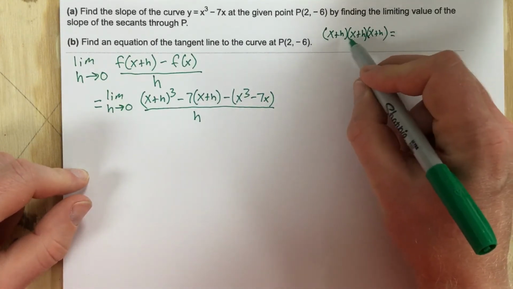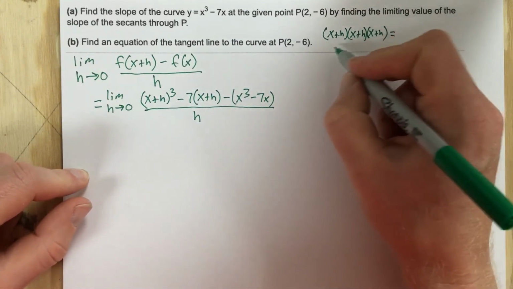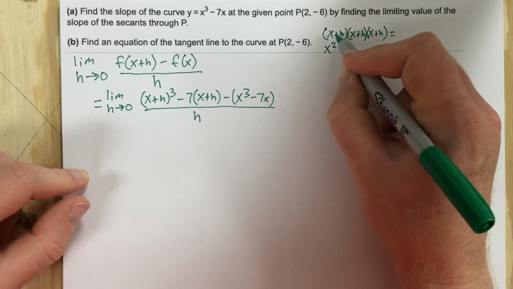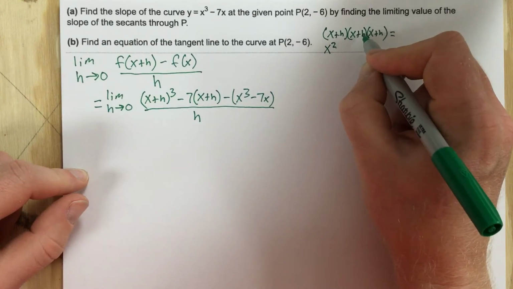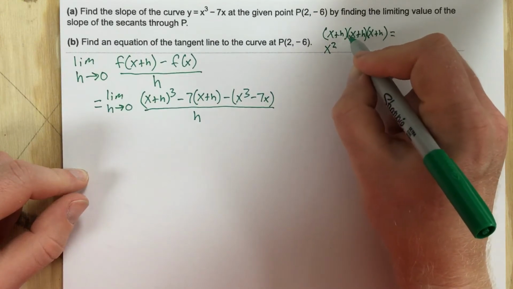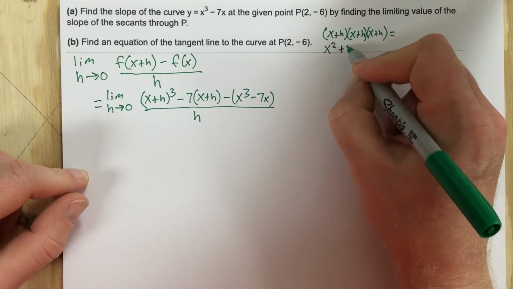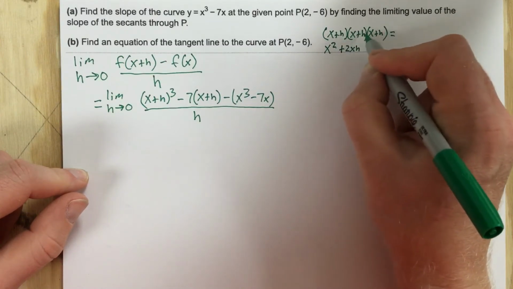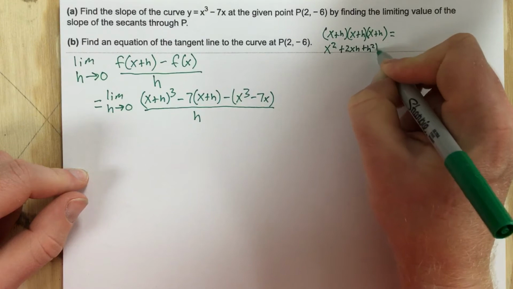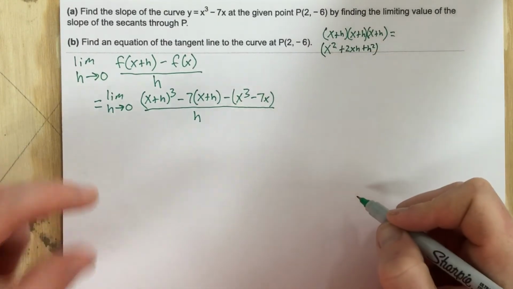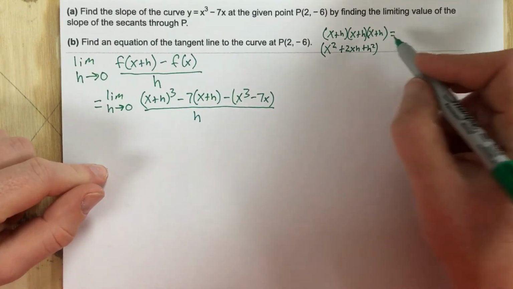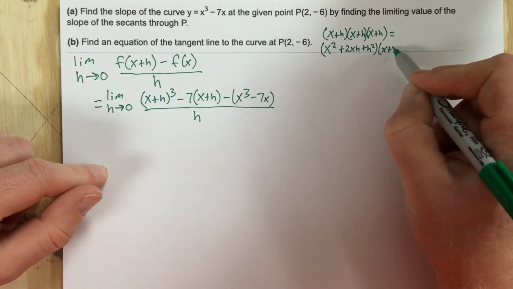When I multiply out the first two, that'll be x squared, x times h, xh, h times x, another xh. So this is plus 2xh, and then h times h will be plus h squared. So that's just doing the front two. Now I need to do the last two here, so I'm going to multiply it times x plus h.